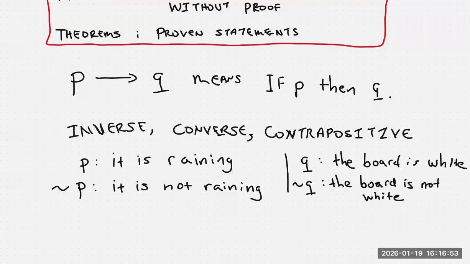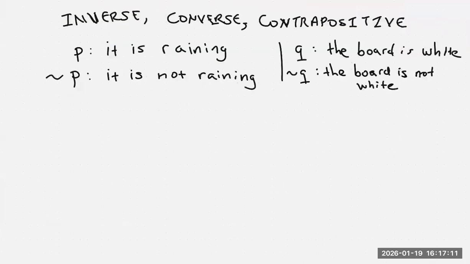All right, so now that we know what negation is, I can explain to you what inverse and converse and contrapositive mean. So you're given a statement, a hypothesis with a conclusion. If this, then that. Now, for example, we have P implies Q. So this is the original.